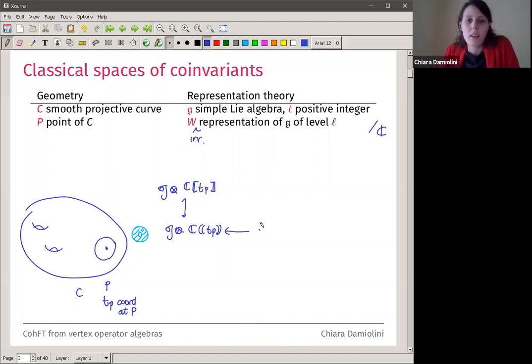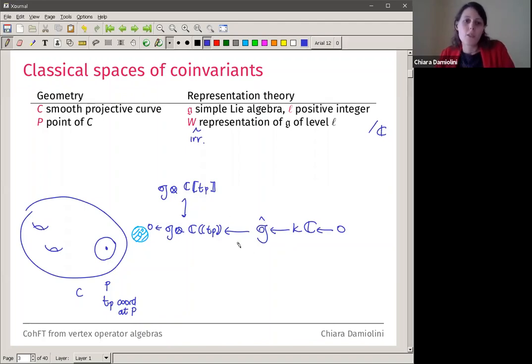And we know that the affine Lie algebra associated with g is a central extension. Let me call K the center of this Lie algebra. We have to use the Killing form and residues to define the new Lie bracket. So this splits as vector spaces, but doesn't split as Lie algebras.